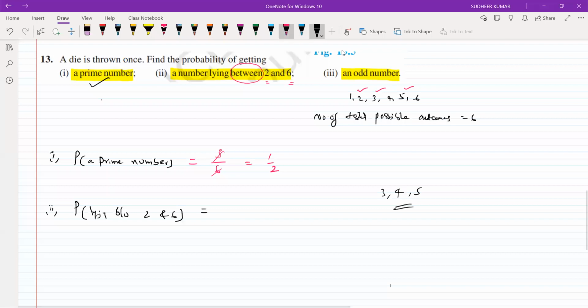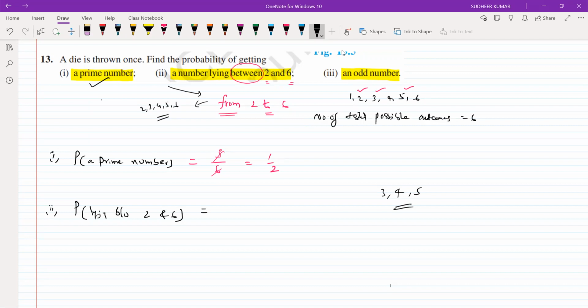Suppose it is mentioned numbers from 2 to 6. When the wording is from 2 to 6, we should include these two values, 2 and 6. In this case, we can take 2, 3, 4, 5, 6.